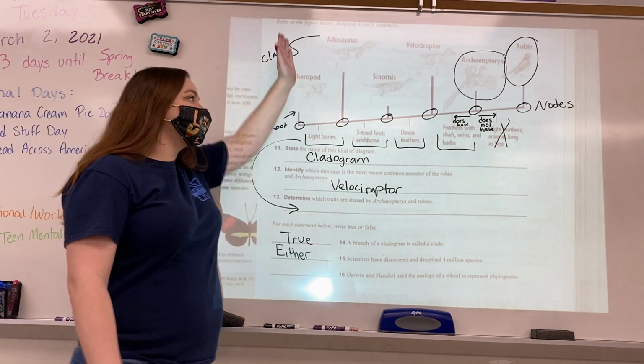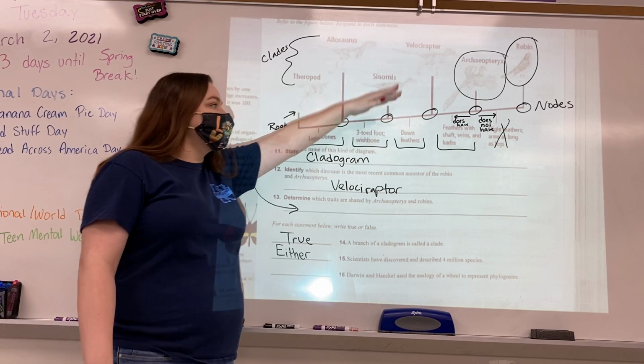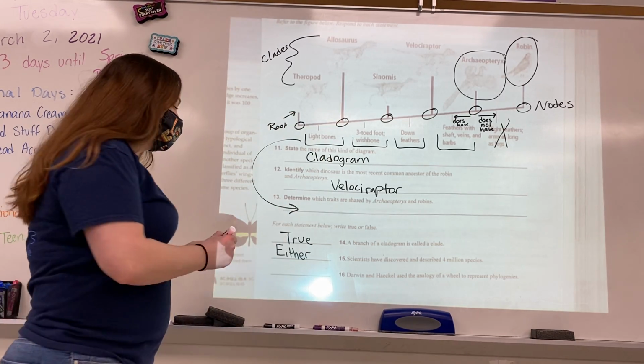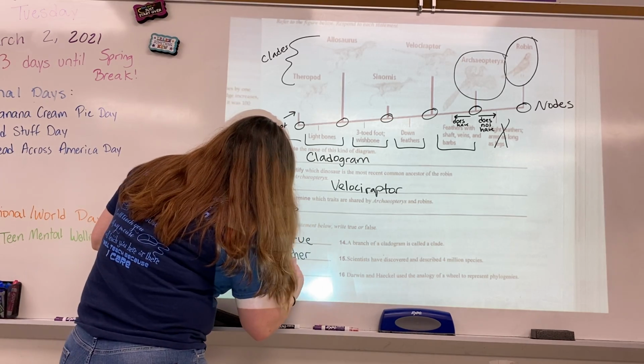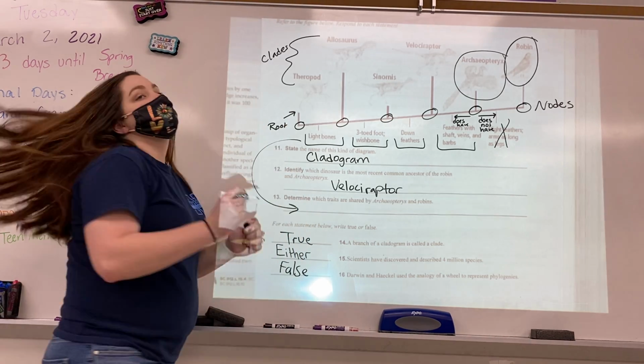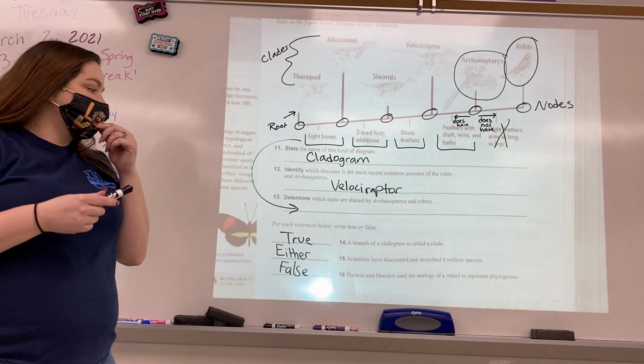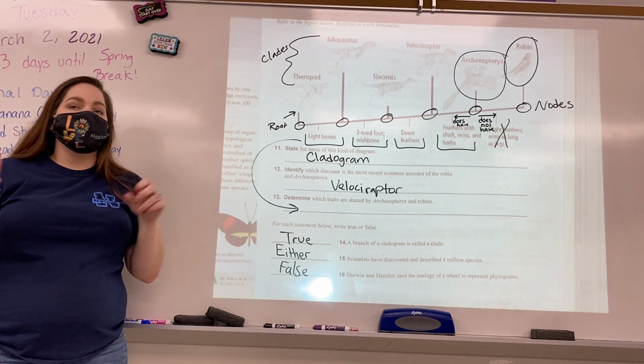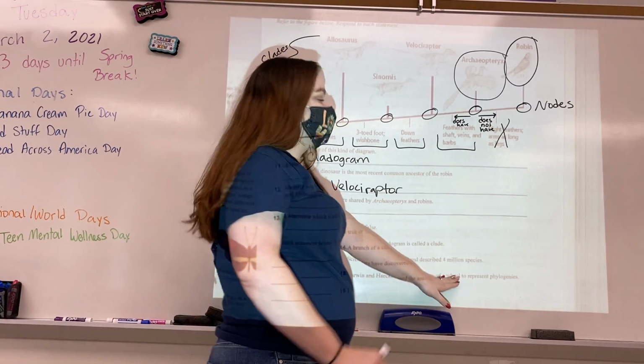They look like tree branches, so they're going to branch off of a main thing. So do they look like wheels? No, so they did not. So this is false. Darwin and Haeckel used the analogy of a tree of life. So this should be tree of life, not a wheel.